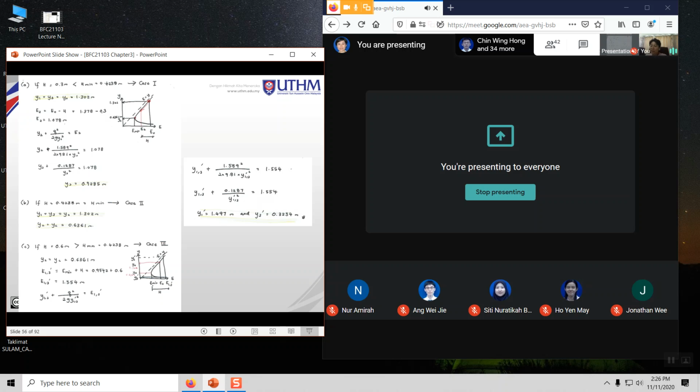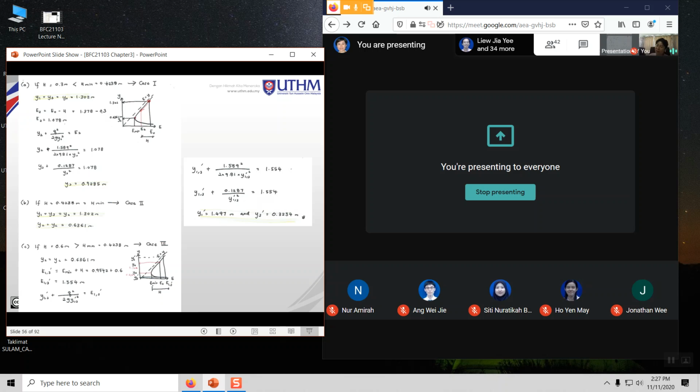Now, if you look at the E-Y curve that I drew, I have the formula there already. E13 is equal to E min plus H. So therefore, my specific energy is 1.554 meter. I'm using this specific energy, substituting it into the specific energy equation, and solving for Y1 and Y3, because solving this nonlinear equation is going to give me two answers.